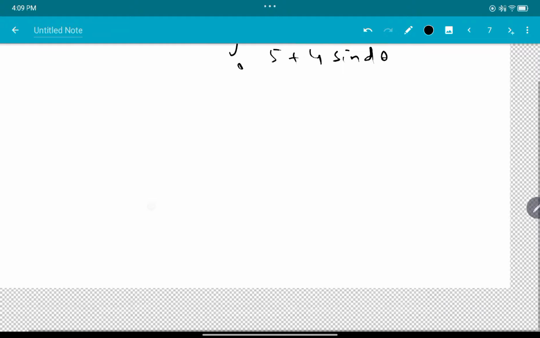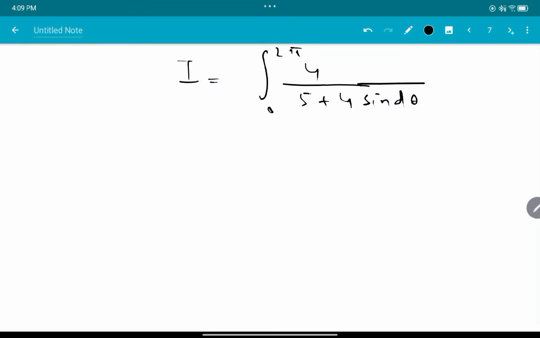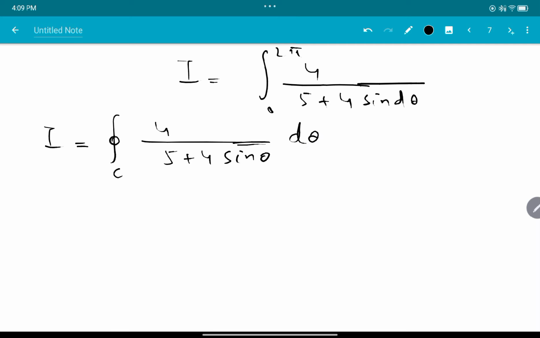This I can write as I is equal to a contour integral. I am changing it into a contour integral, over C of 4 by 5 plus 4 sine theta d theta.